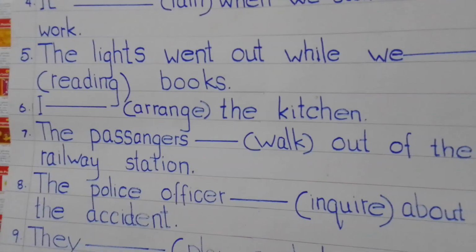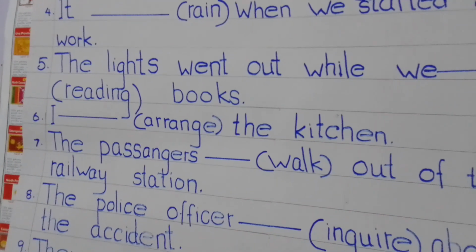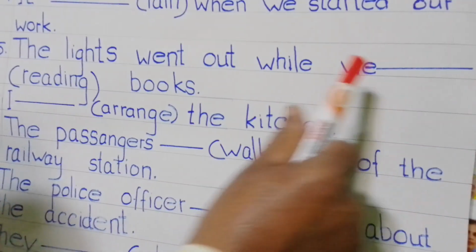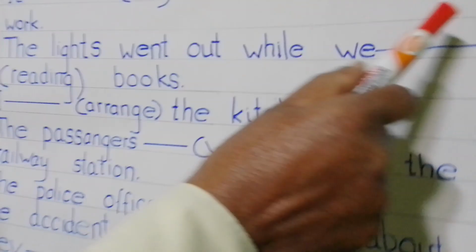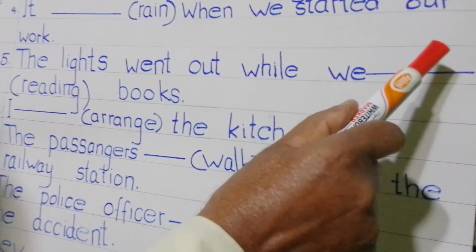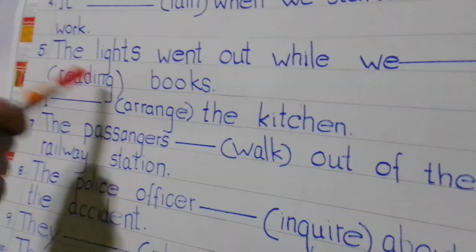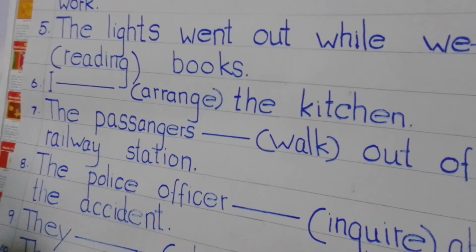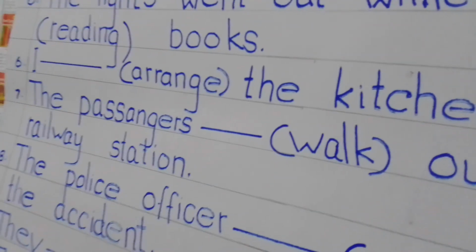Within brackets they are written as reading books. Okay. The lights went out while we. It is plural. Therefore, we have to use the auxiliary verb were. We were reading books.